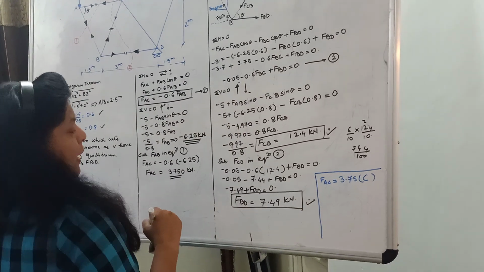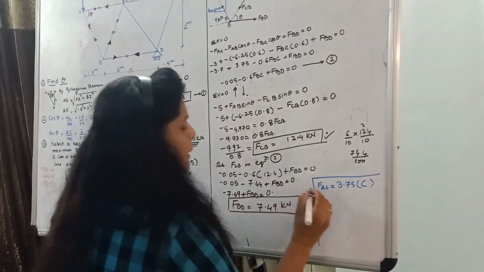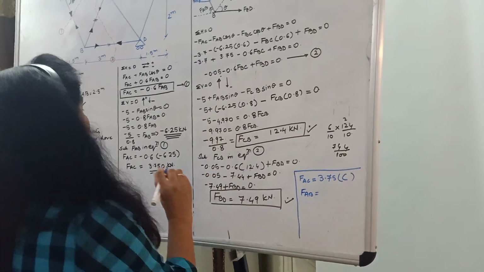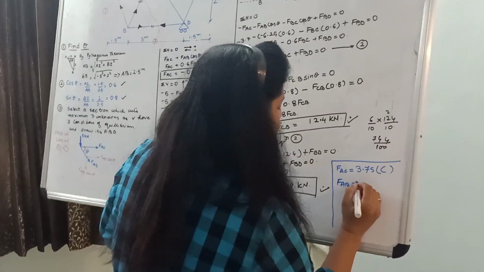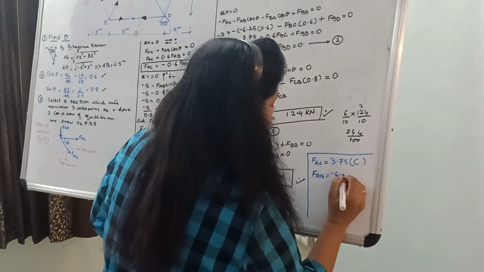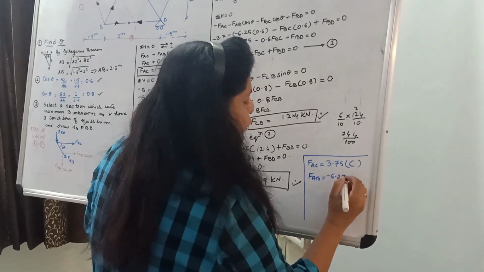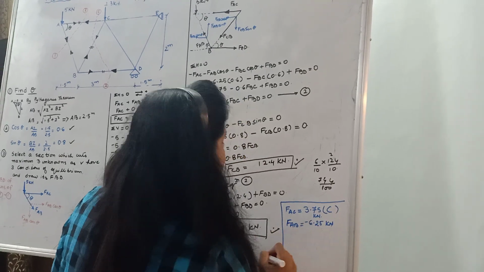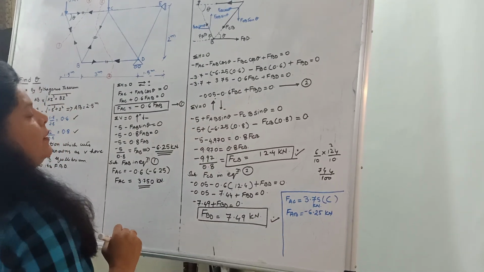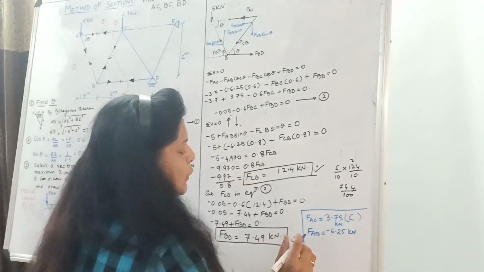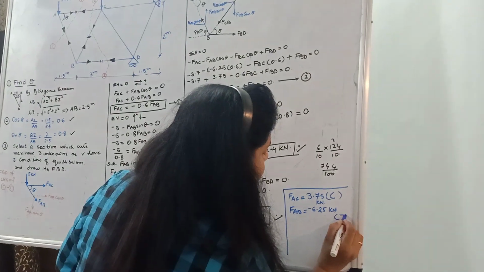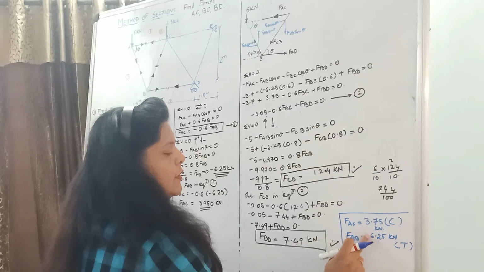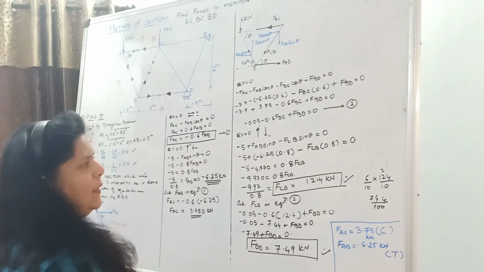Then we have FAB, that is equal to minus 6.25. So our assumed direction is wrong and it is basically a tensile force. So we can show over here tensile, and we can remove the negative sign.